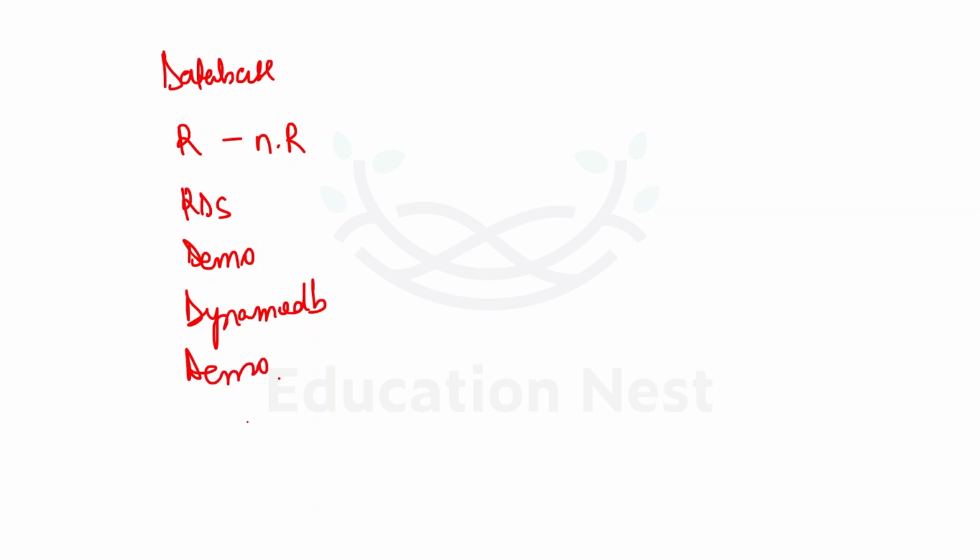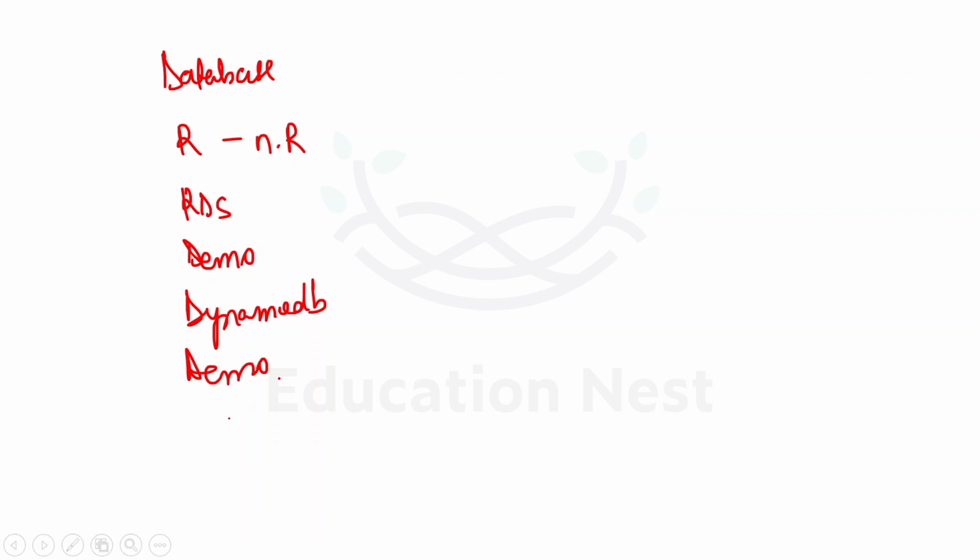We understood the difference between relational and non-relational databases. We talked about the RDS service and its features. We have seen the demonstration for it. We have talked about DynamoDB and its features. And now it's time to do the demonstration for DynamoDB and understand it well enough.